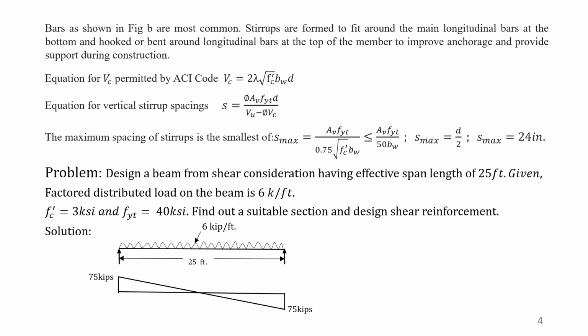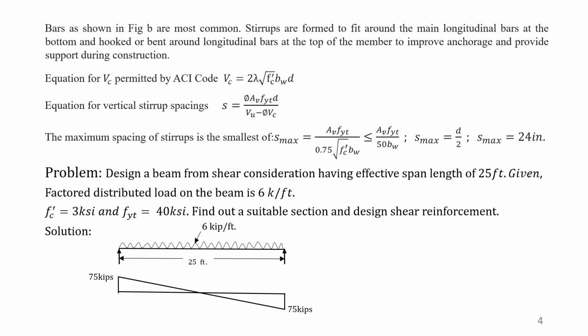In most cases, we will be giving the f prime c value in ksi, but when you use this f prime c under a root, you have to put this value in pound units. And bw is the width of the beam, and d is the effective depth of the beam.